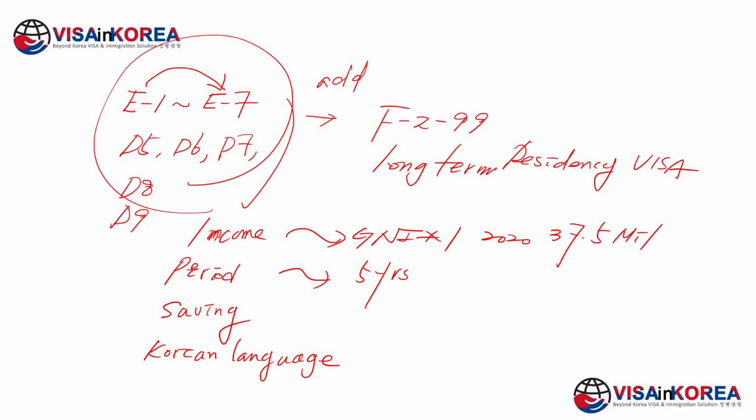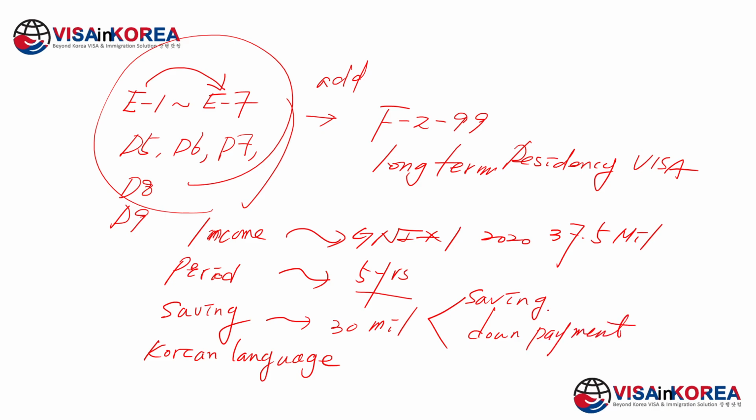If your stay is over 5 years, you meet the period requirement. And for savings, 30 million won, including your savings or your house down payment, it doesn't matter. You can add these amounts.